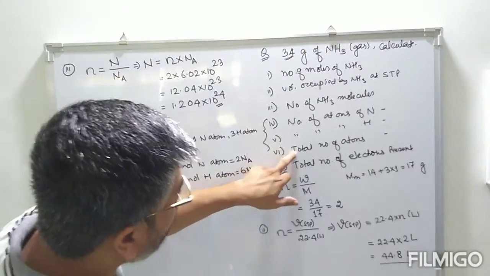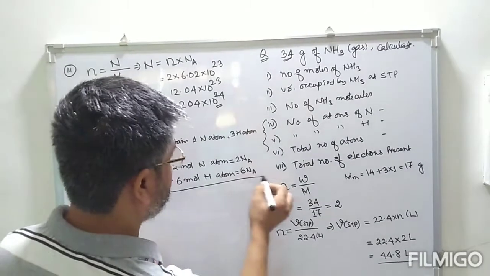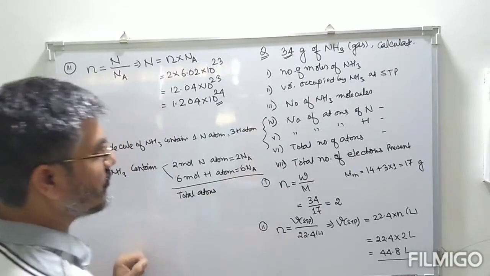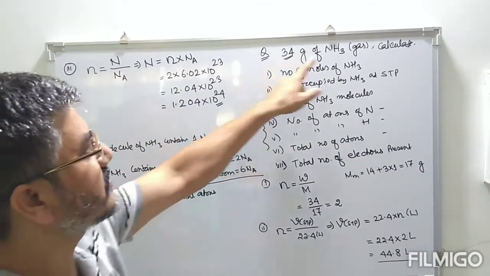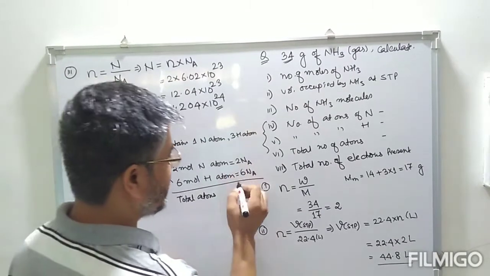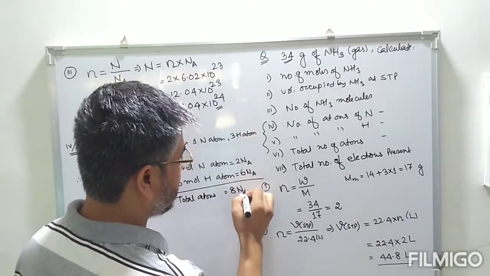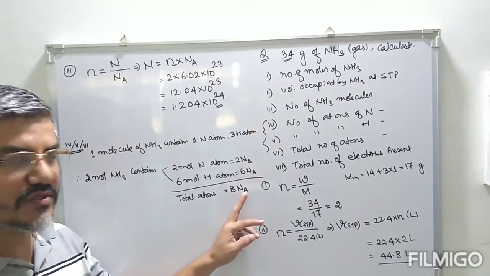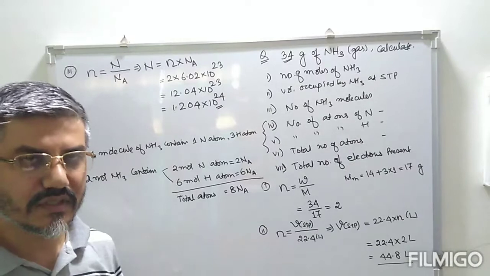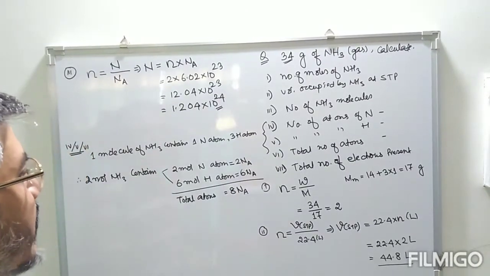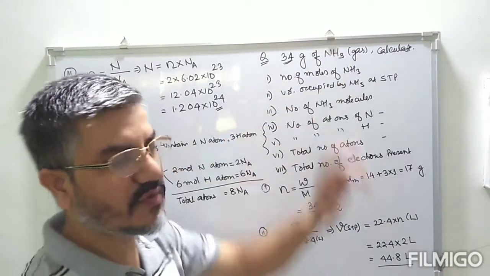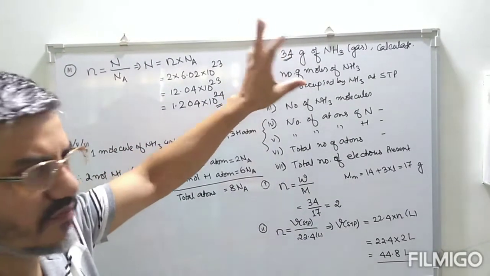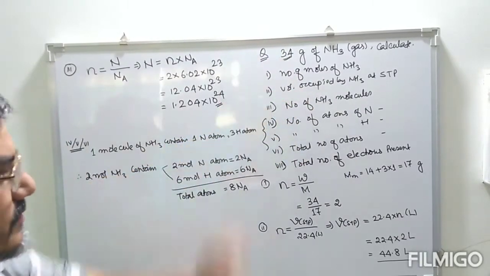Now, total number of atoms. So total atoms of nitrogen and hydrogen present in 34 gram of ammonia gas is 2 plus 6, that is 8 Avogadro number. So 8 into 6.02 into 10 to the power 23 atoms of hydrogen and nitrogen are present in 34 gram of ammonia sample. This is the number of atoms present in 34 gram.